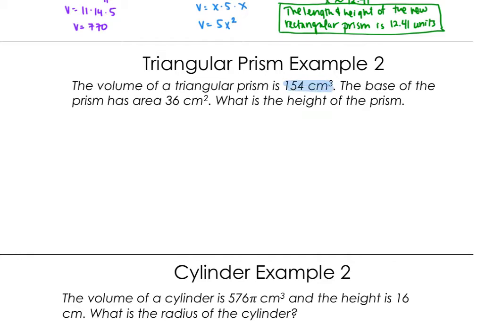Okay, then they go on to give us the area of the base, and we're solving for the height of the prism. So remember, the basic formula to find the volume of any prism is just the area of the base times the height of the prism.